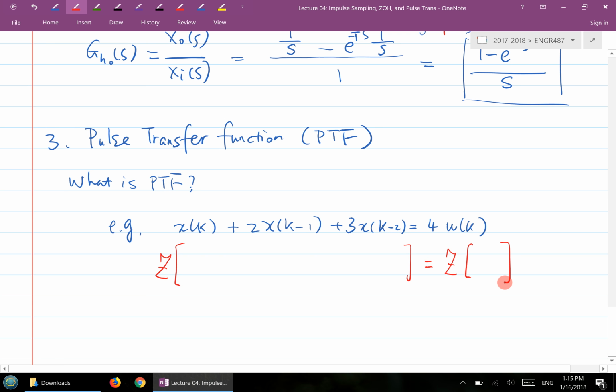So all you need to do is take the Z transform of both sides of this expression. We know this term gives x of z. Here you get a delay, basically multiplying by z to the power -1. And here you get 2 delays.